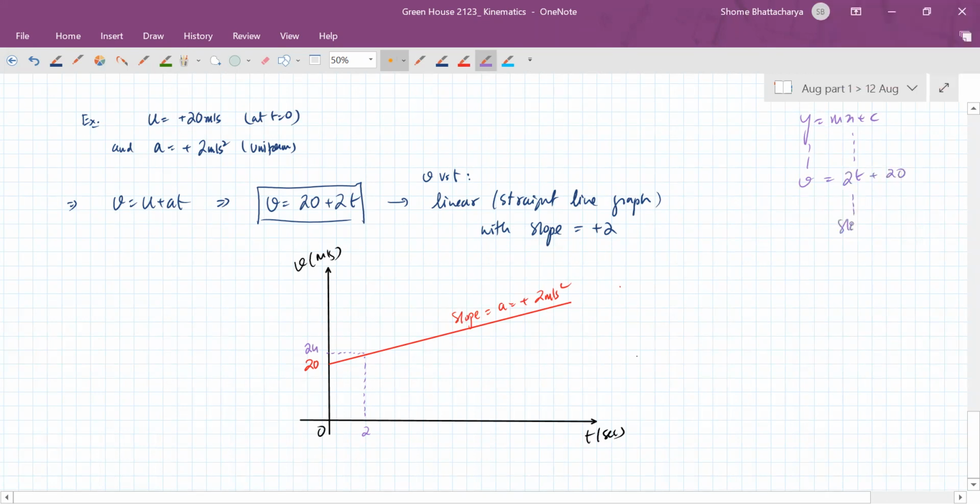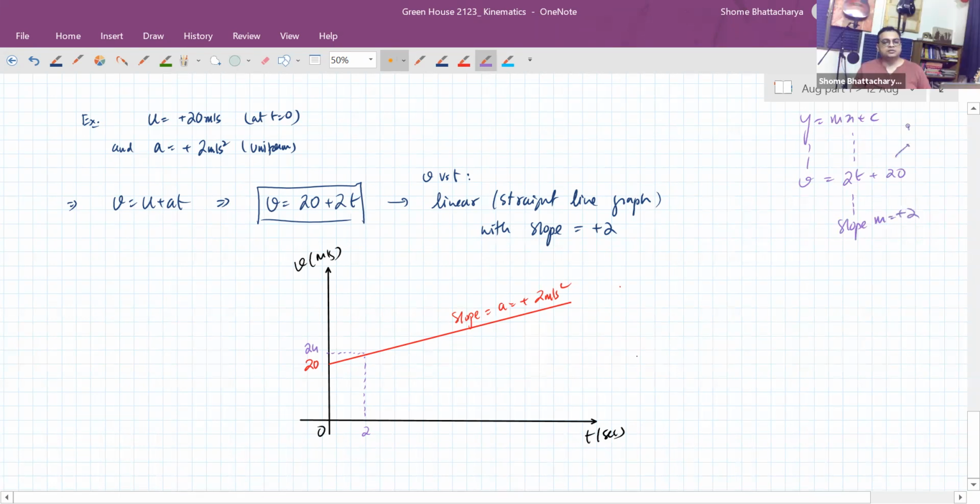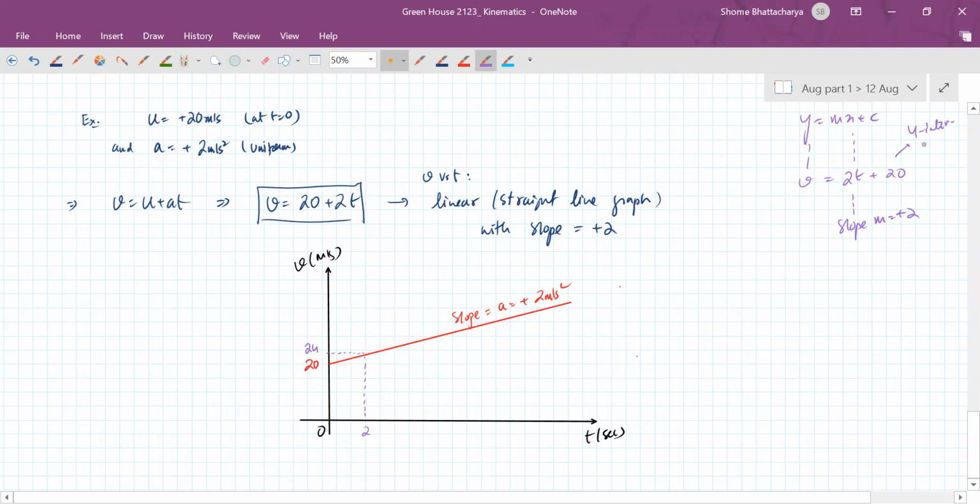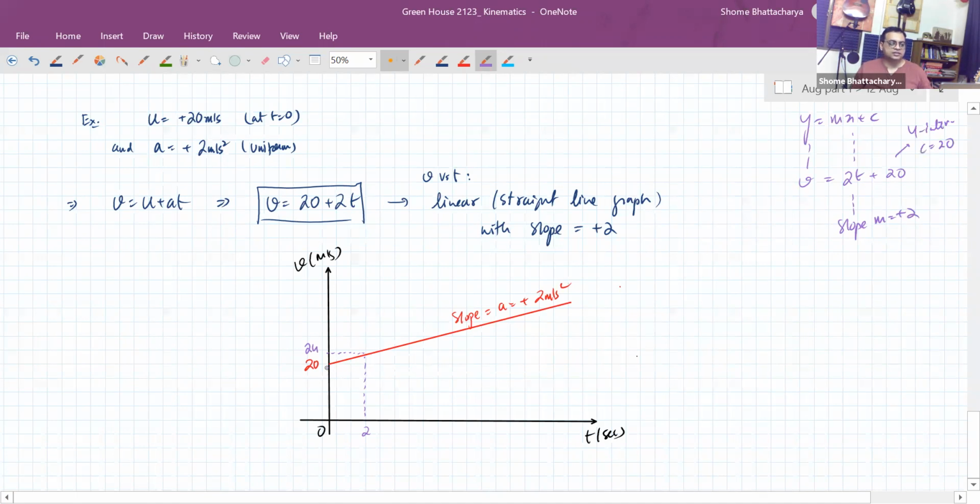See, the slope m is equal to +2, and the y-intercept, or c, that is 20. So that is why my graph is looking like this, that it's cutting the y-axis. In this case, the velocity axis intercept is 20, and the slope is 2. So that means every 1 second, the velocity is increasing by 2 meters per second square.